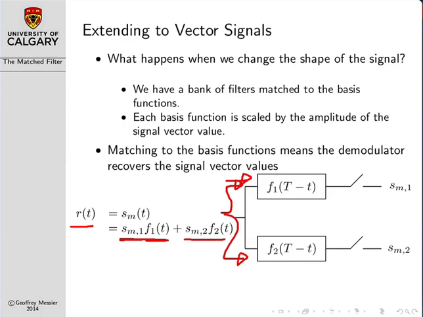Also, at the output of our sampler, we will show that in the absence of noise, the output of the first demodulator branch matched to the first basis function and sampled will be equal to the first signal vector value, and the output of the second demodulator branch matched to the second basis function and sampled will be equal to the second signal vector value.